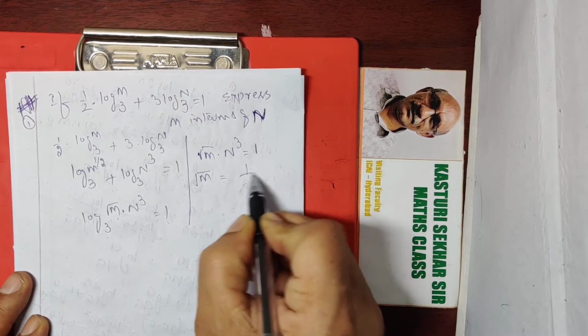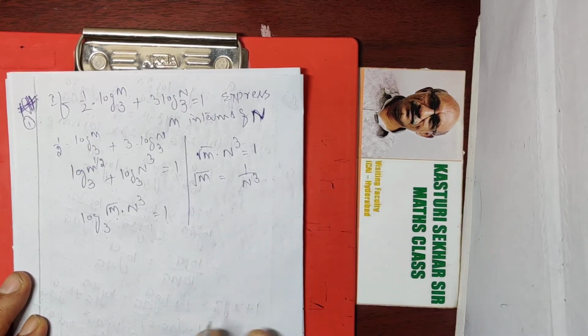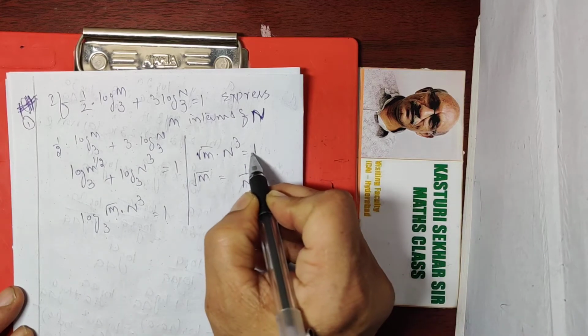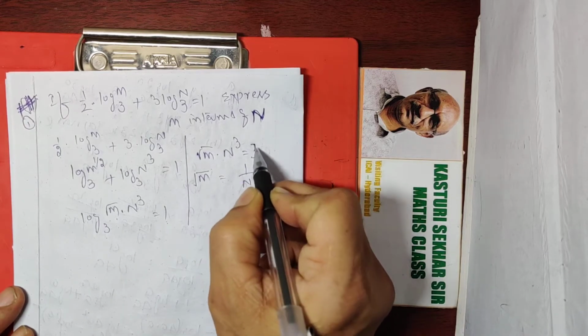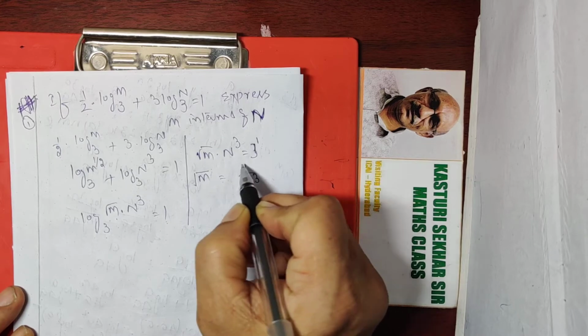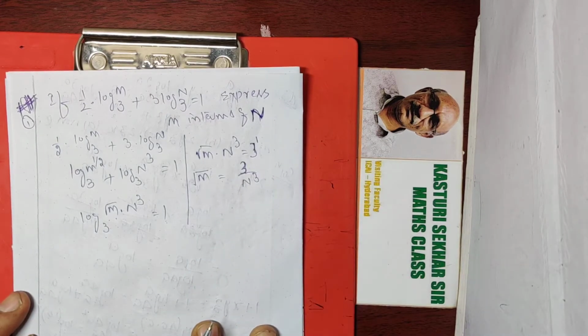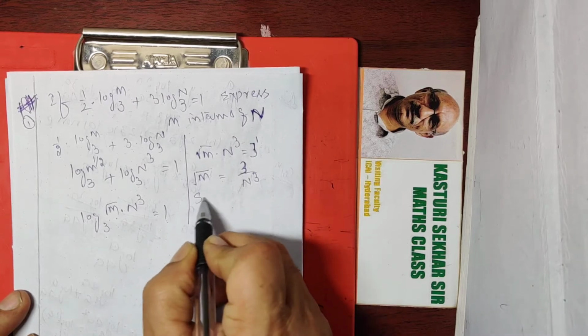Square root of m is equal to 1 by n cube. Square root of m is equal to 3 power 1 by n cube, that is 3 by n cube.